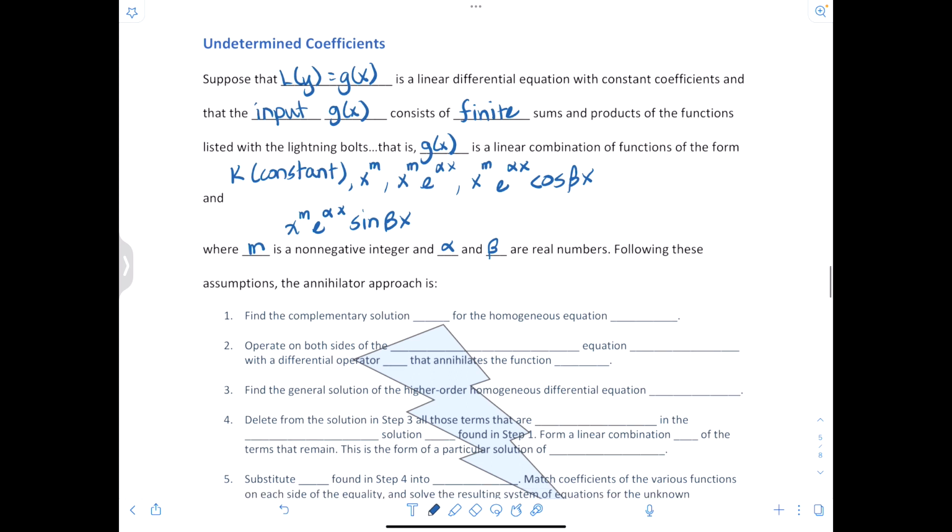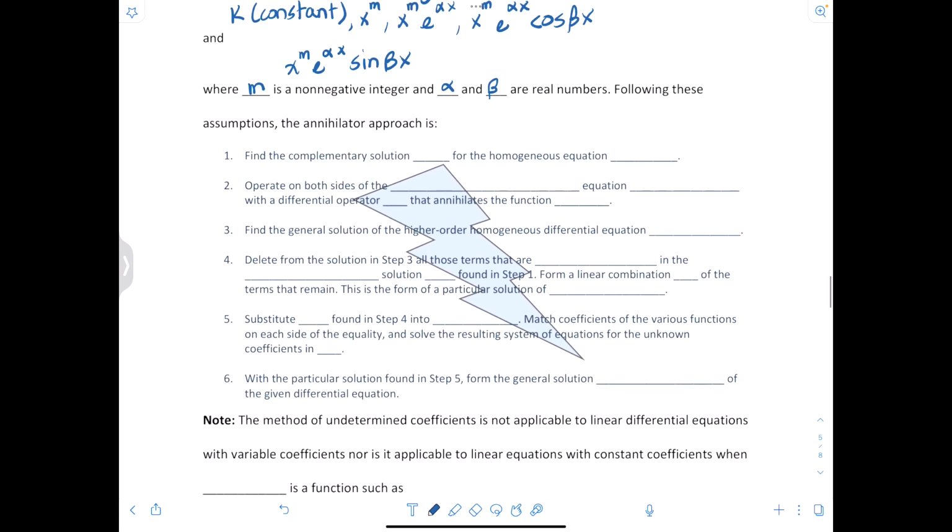Following these assumptions, the annihilator approach is: 1. You find the complementary solution yc for the homogeneous equation L at y is 0. 2. Operate on both sides of the non-homogeneous equation L at y equals g at x with a differential operator L1 that annihilates the function g at x. 3.